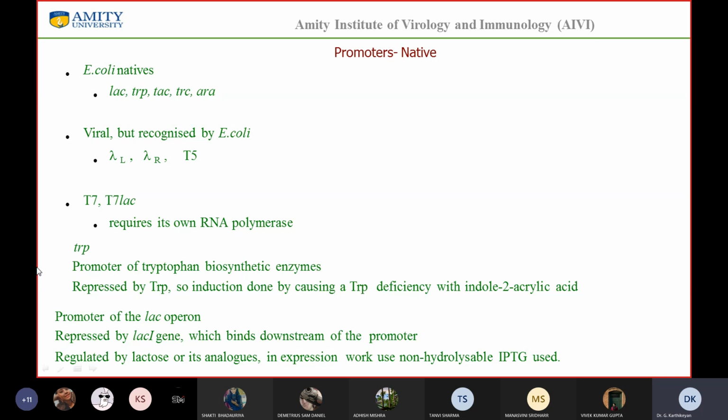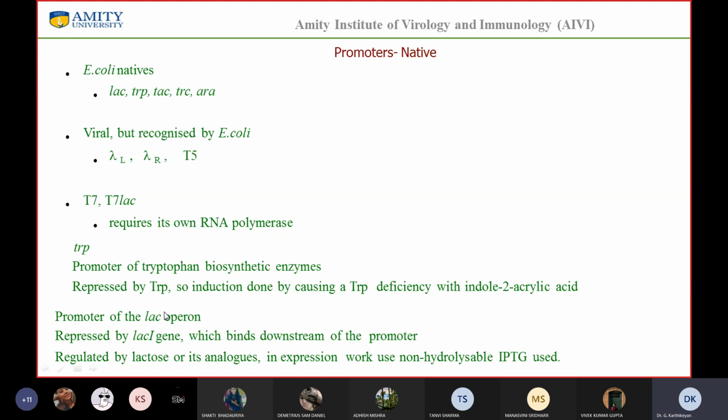Then you have the tryptophan promoter, which is responsible for tryptophan biosynthetic enzymes. When you have high levels of tryptophan, the promoter gets repressed. Unlike lactose, where we do induction with IPTG, here induction is done by a small molecule called indole 3-acrylic acid.